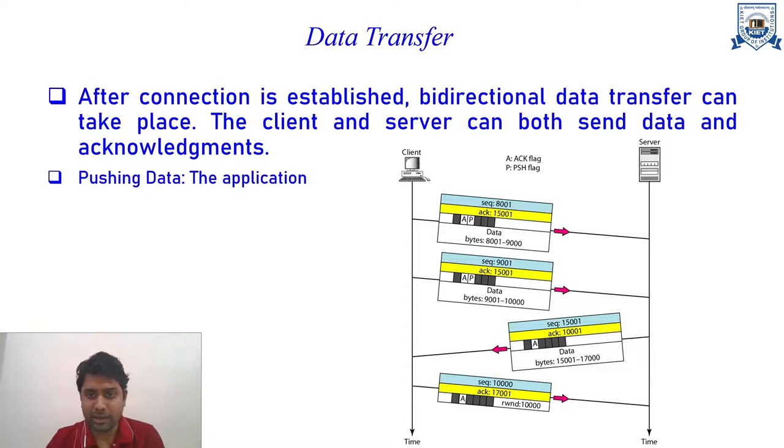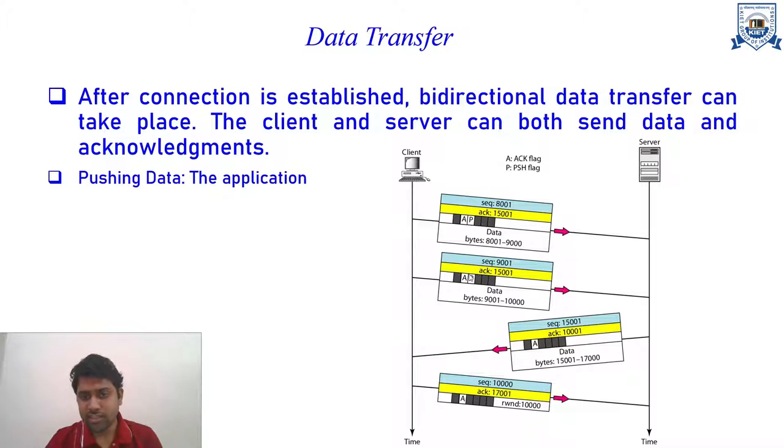Now you can see the data bytes are starting from 8001 to 9000. It means all the bytes take some sequence number. So I'm sending the sequence numbers from 8001 to 9000, and once it reaches the server, I'm sending another segment.